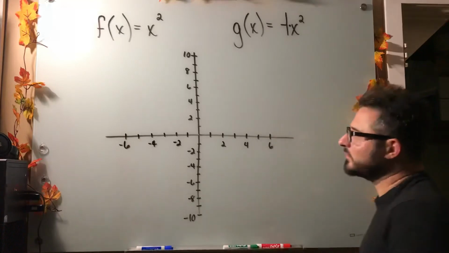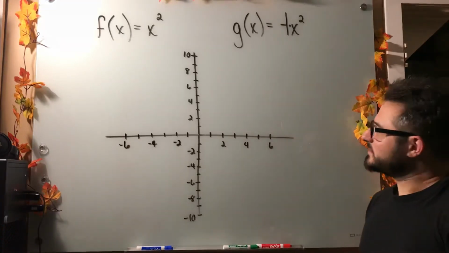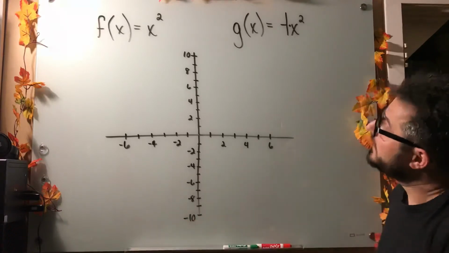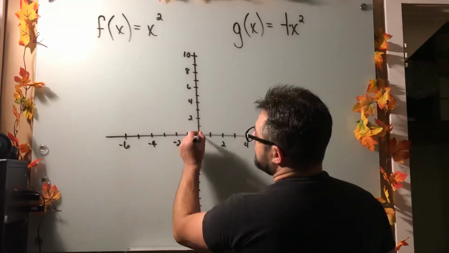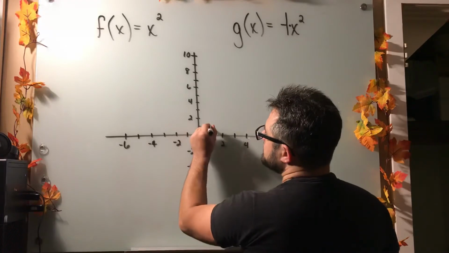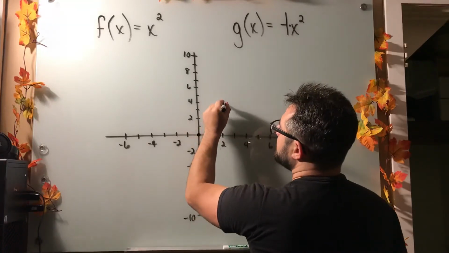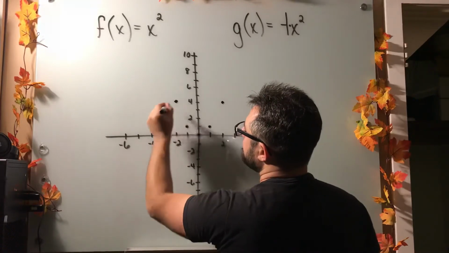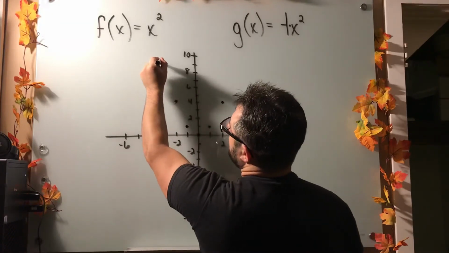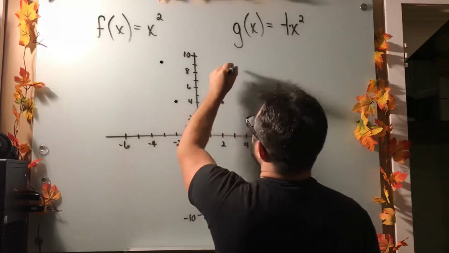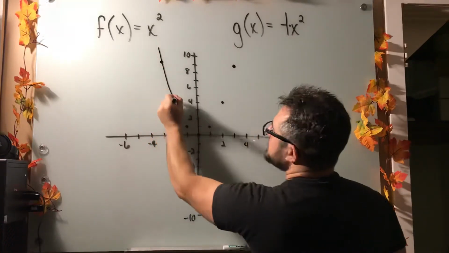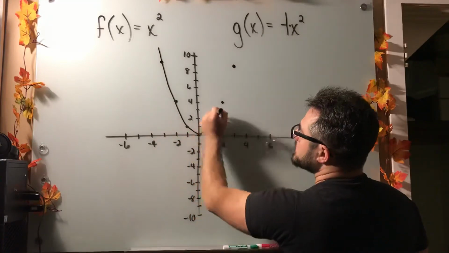I wish I had a bigger whiteboard. I already have a grid set up, so I wouldn't have to spend the time drawing it here, but this is what it is. So f of x equals x squared, one of our basic functions from our library. So we should be somewhat familiar with it already. It gives us this U shape, which is called a parabola.